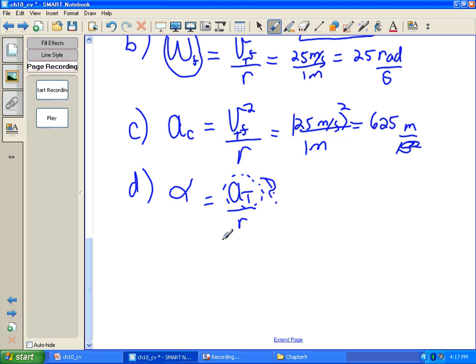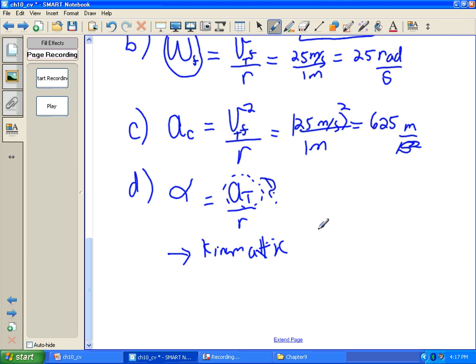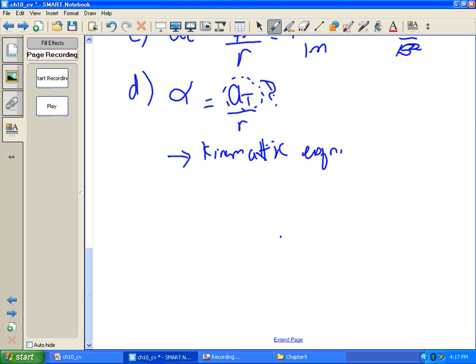We have two unknowns in the same equation. That's not good. How about this? Let's use the kinematic equations for constant acceleration. Well, we know omega initial is equal to 0.